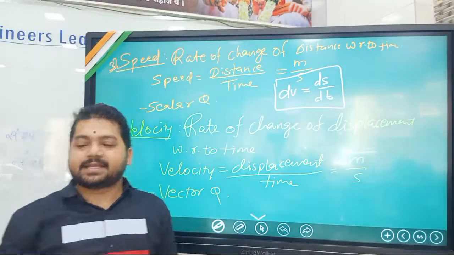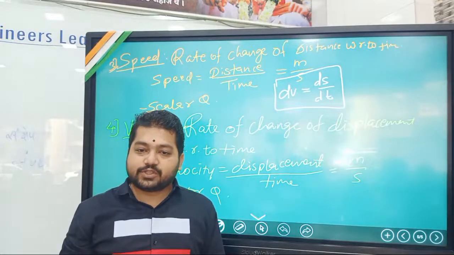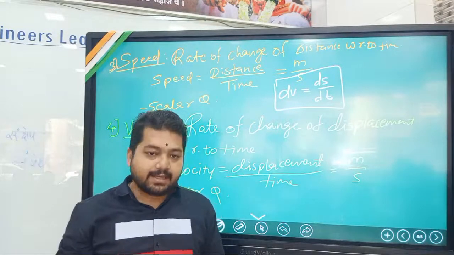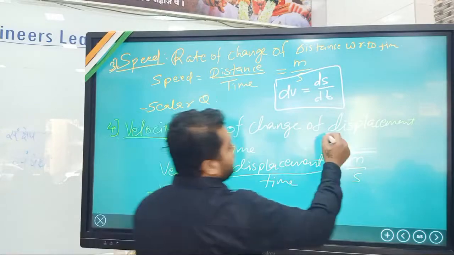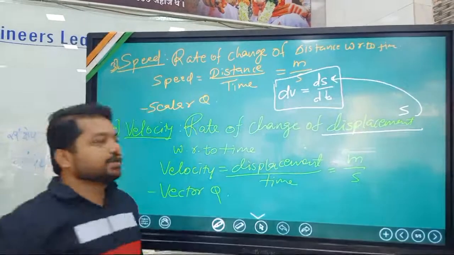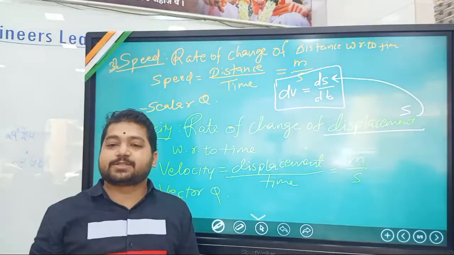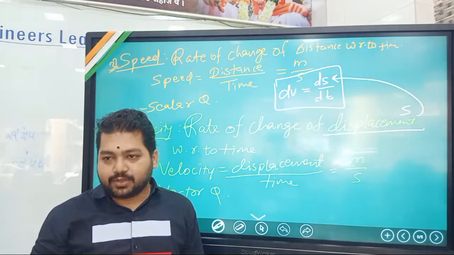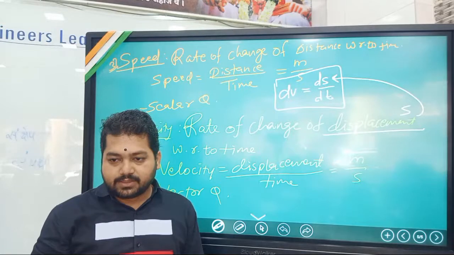What is ds? Rate of change of displacement. S here stands for displacement. Rate of change of displacement with respect to time. So that is derivatives. Sir, what is derivatives?